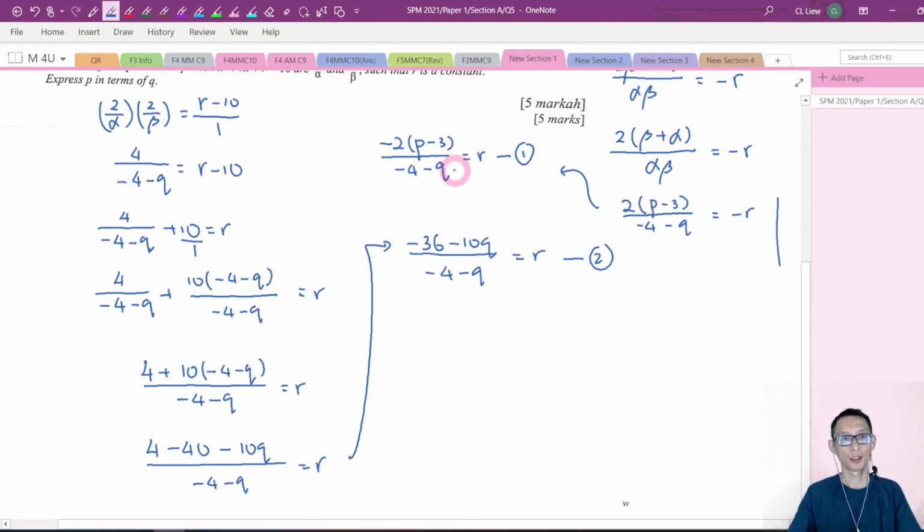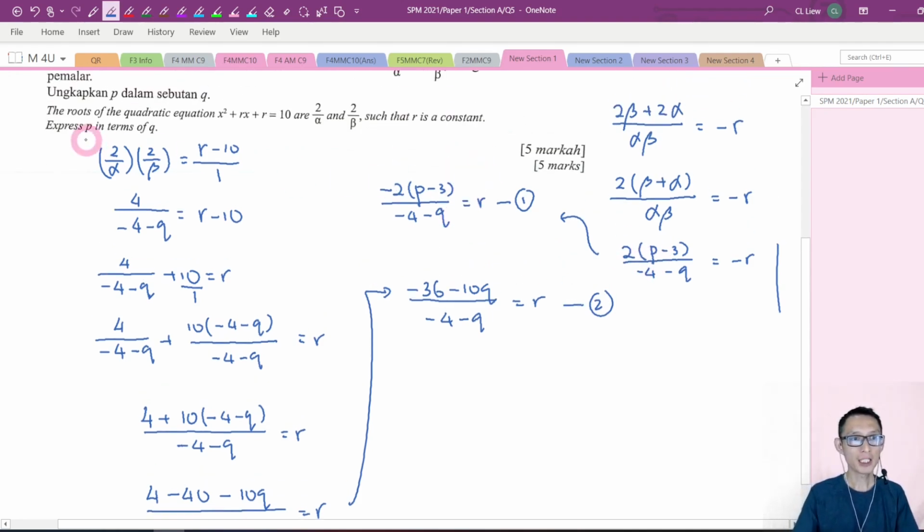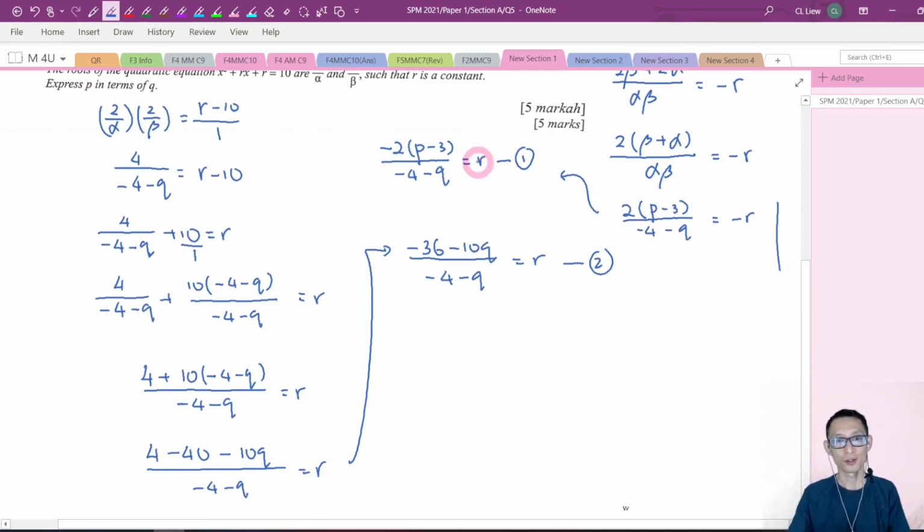Now, we want to express p in terms of q. We don't want to see r. So this r is equal to this. At the same time, r is also equal to this. So we can say that 1 is actually equal to 2. The first equation is equal to the second equation. So this whole thing is equal to this.